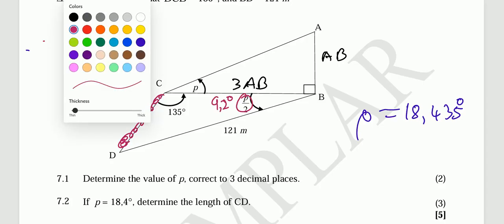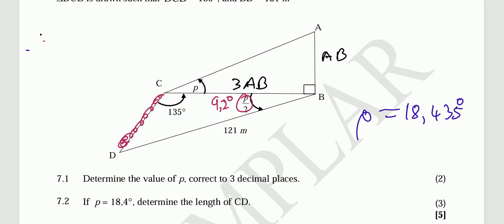Now let's check. We are looking for this side, and this side is opposite to this angle. For the sine rule, you need two angles and two sides, and those two angles must be opposite to those two sides. If you are calculating for a side, one angle must be opposite to the given side, and the other angle must be opposite to the side that you are calculating.